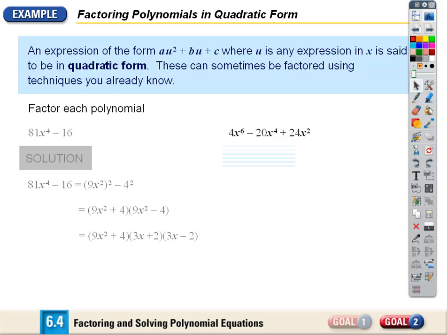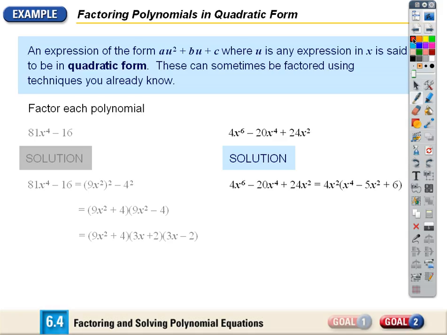So if I've got this trinomial, 3 terms, that looks like chapter 5 stuff, right? I could factor out a 4x squared to start with. I could pull away a 4 and an x squared from everything, and that helps. If I pull out a 4x squared, what I'm left with is x to the 4th minus 5x squared plus 6.